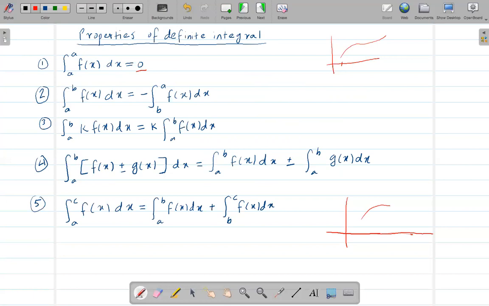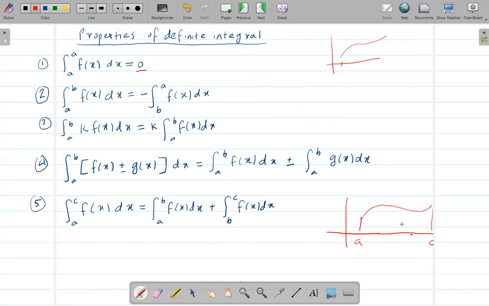So this is a, this is c. All right, so I'm trying to find the integration from a to c. This is also the same as a to b plus b to c, right? We have two integrations.